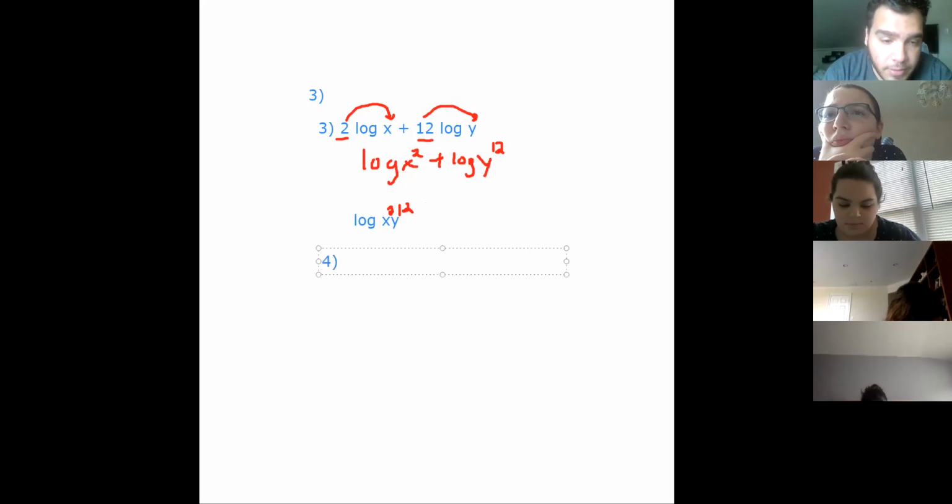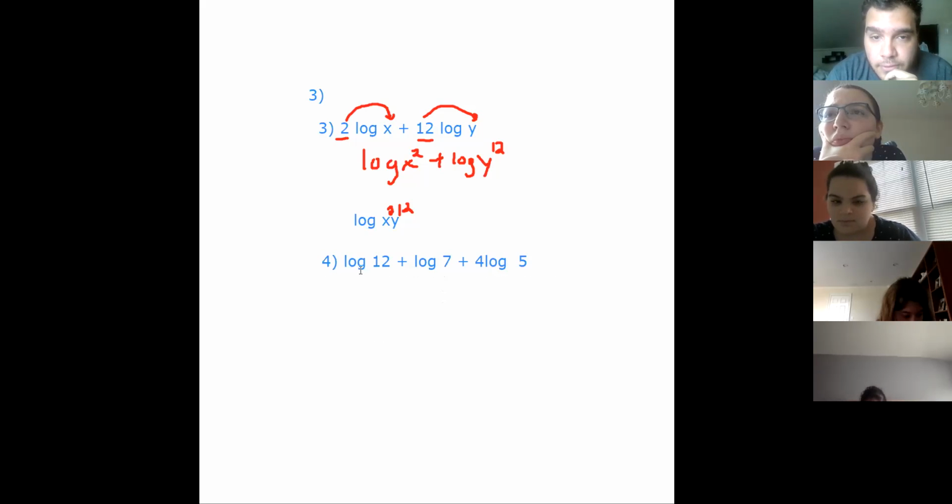Number 4, we have log base 3 of 12, plus log base 3 of 7, plus 4 log base 3 of 5.